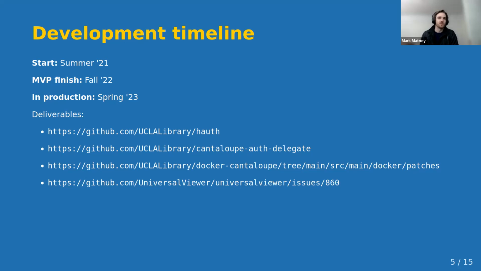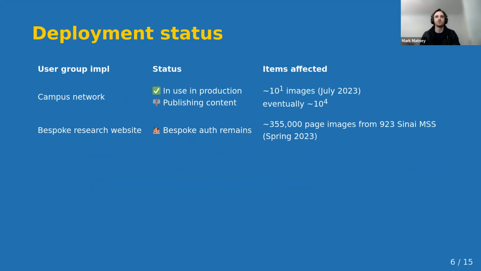And yeah, by spring 23, we have published a handful of restricted materials for campus network users. In the future, we have identified tens of thousands of items that we want to publish as well, several of which belong to 1,000-item plus collections with many smaller collections as well.